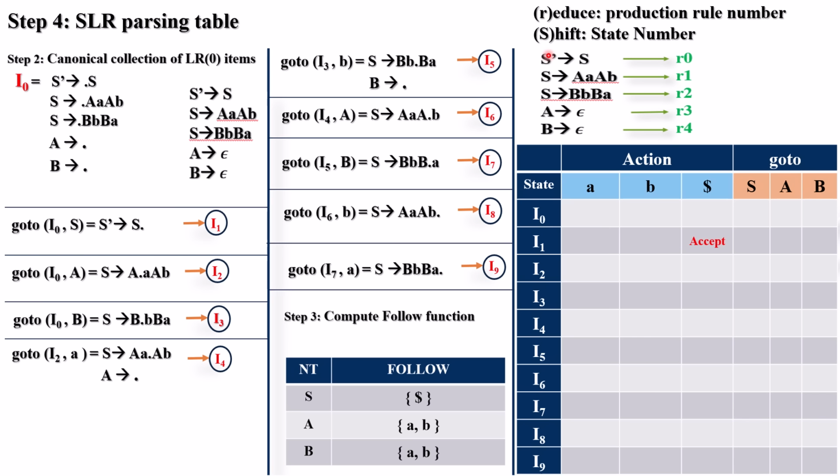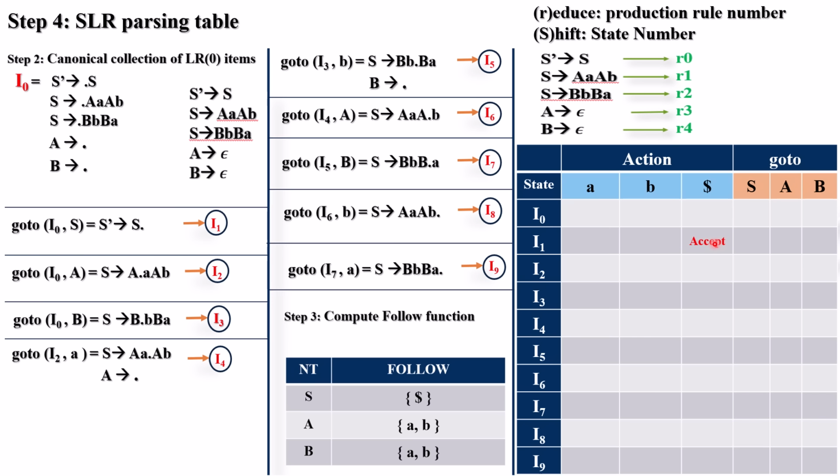If R1 is there, then we have to reduce capital A with the help of this non-terminal S. So reductions are there in bottom-up parsing, derivations are there in top-down parsing. In any example, in state I1 and in action dollar, you simply have to write accept. Why? I will explain later on.